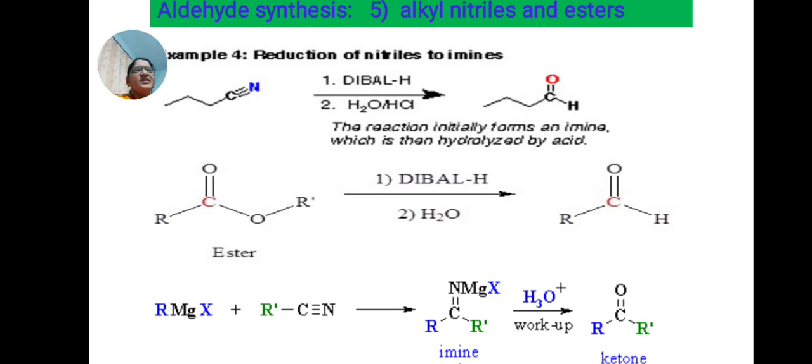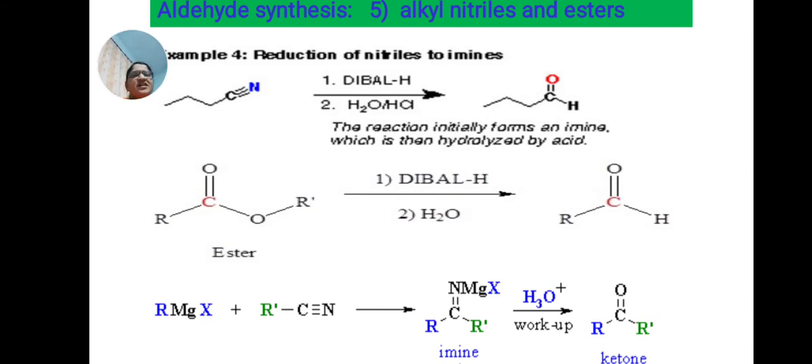That is the name of this aldehyde. It contains 4 carbon atoms, hence the name of this compound is butyraldehyde. Then by oxidation, it gives an acid, that is hydrolyzed by acid.